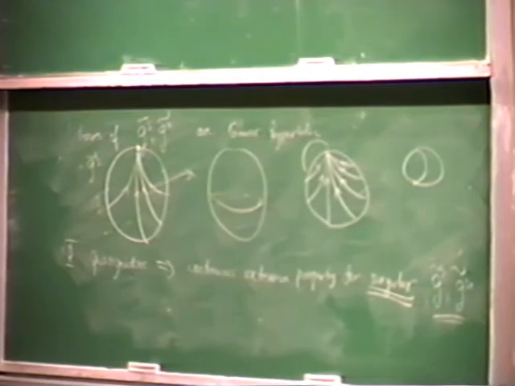Then the stable foliation is quasi-isometric if and only if the leaf space of the lifted foliation is Hausdorff. Okay?